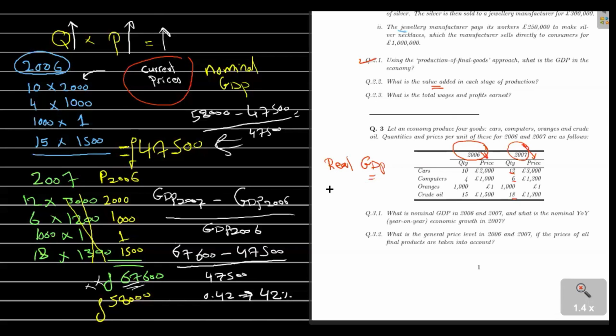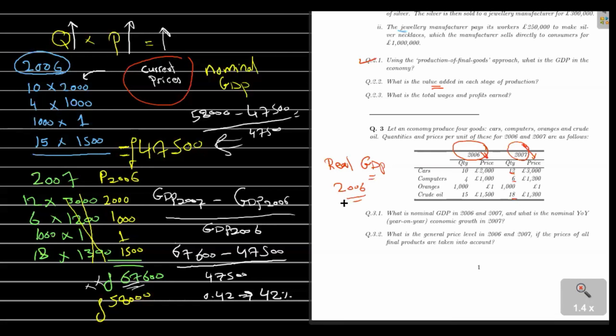You could be looking at decades. So the idea is just fixing the prices. Every year I'm going to calculate the GDP based on the prices of 2006, and that makes 2006 my base year. So I'm basing all calculations on the prices of 2006, and that's how I fix the prices.